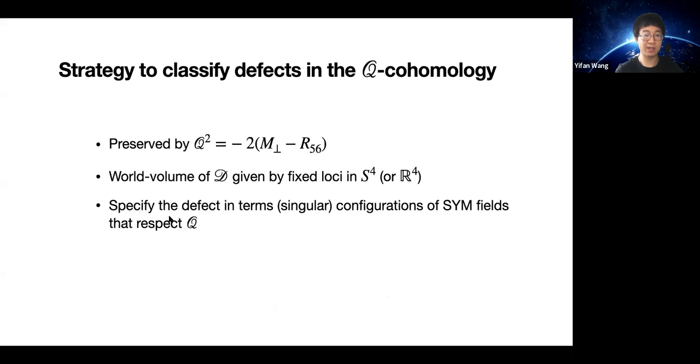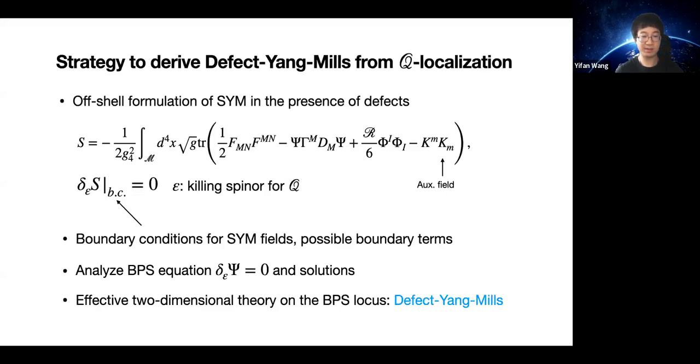That's related to these singular configurations here. Once you ensure these boundary conditions and possibly boundary terms are such that this variation vanishes, you can run the usual localization procedure. Namely, you need to study the solutions to these BPS equations and parameterize the solutions.